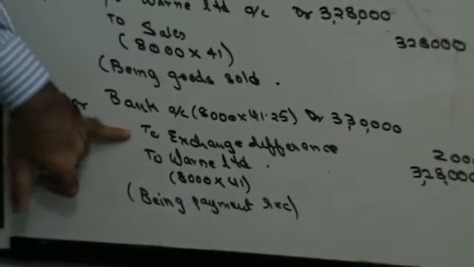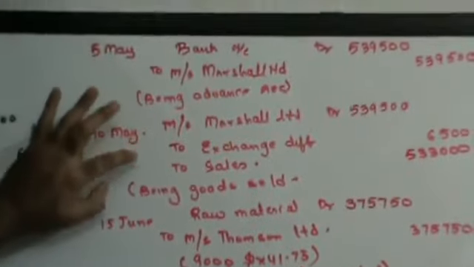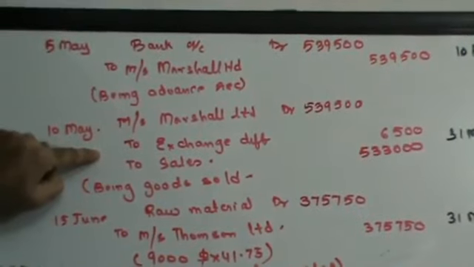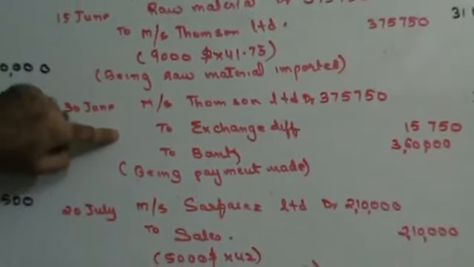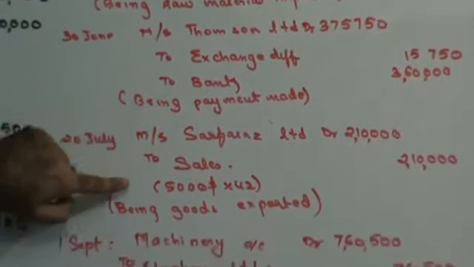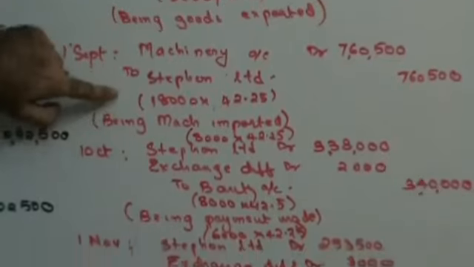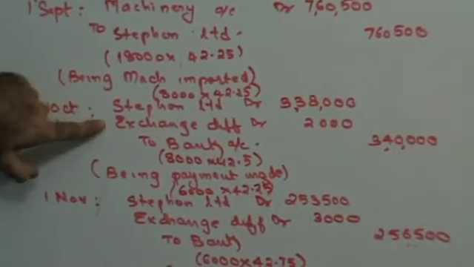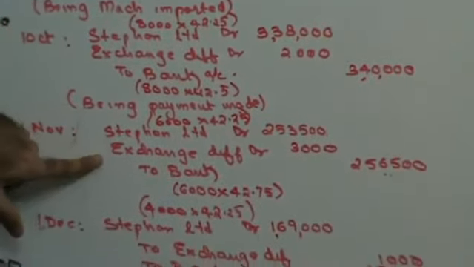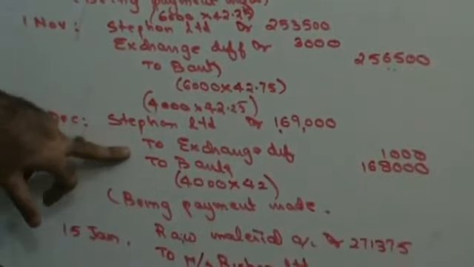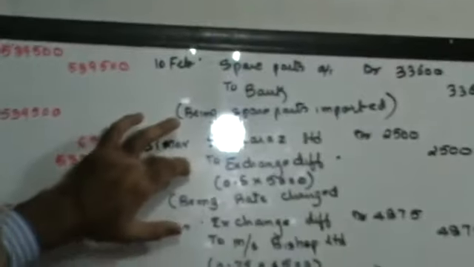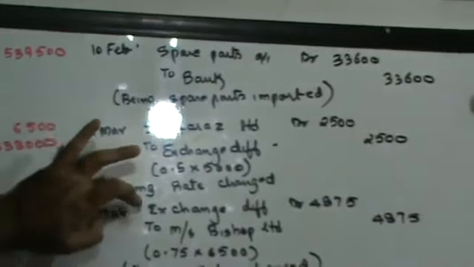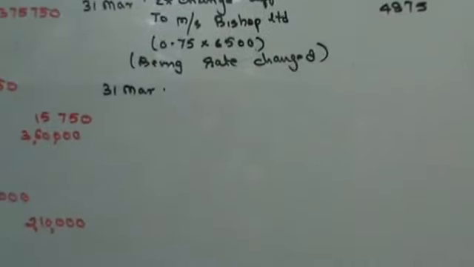You have a profit of 2,000, then a profit of 6,500, then a profit of 15,750, then a loss of 2,000, then a loss of 3,000, then a profit of 1,000, then a profit of 2,500, and a loss of 4,875.